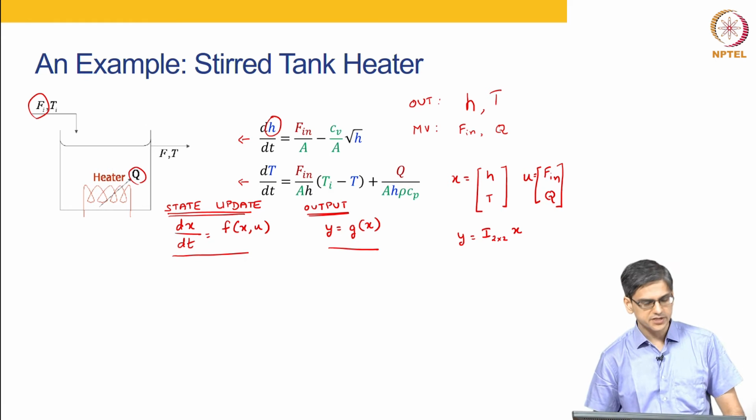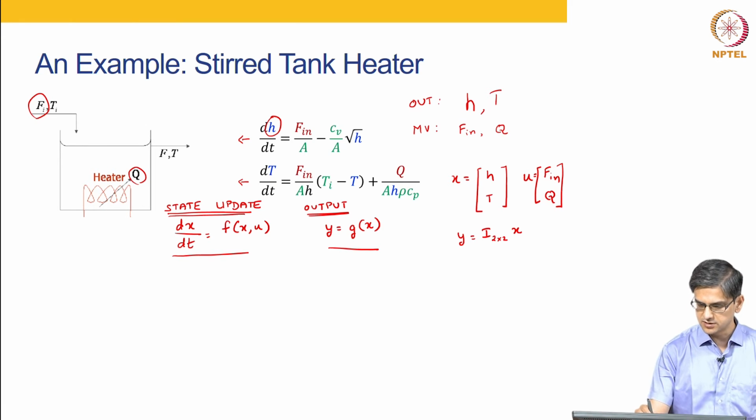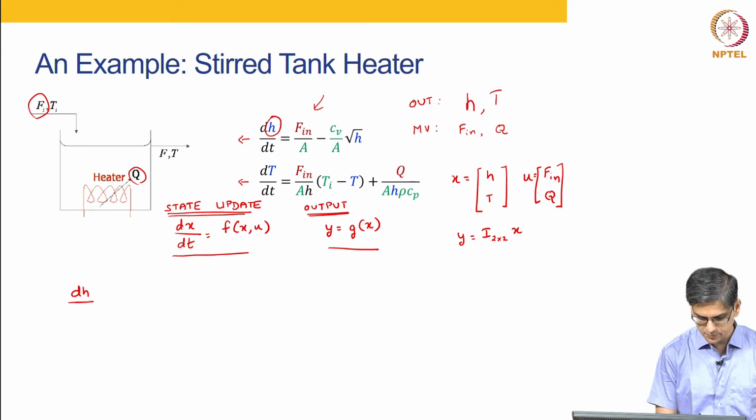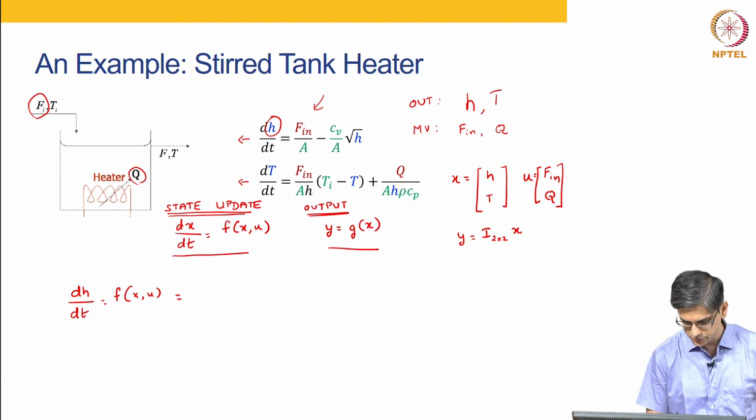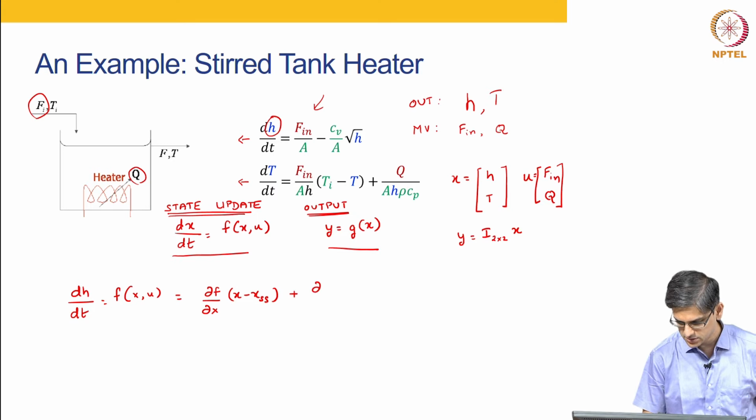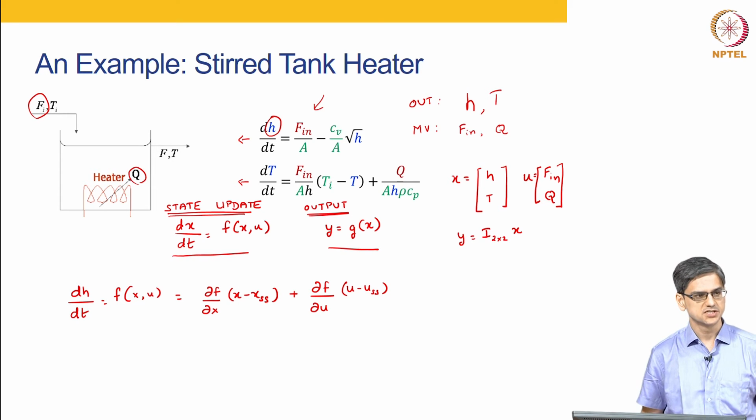The way we will do the linearization is, let us look at this particular equation. Okay. So dH/dt, let us say, is f(x, u). By Taylor series expansion, this is going to be df/dx times (x minus x steady state) plus df/du times (u minus u steady state).